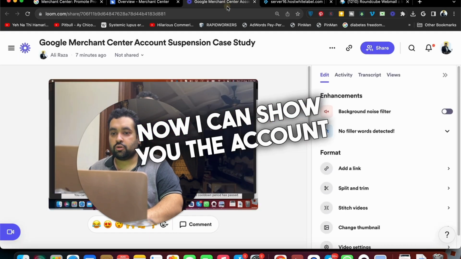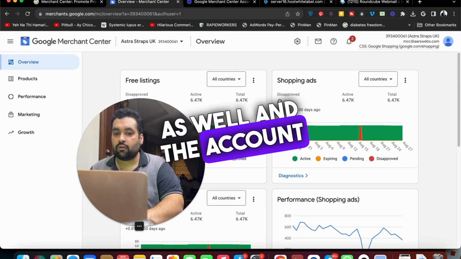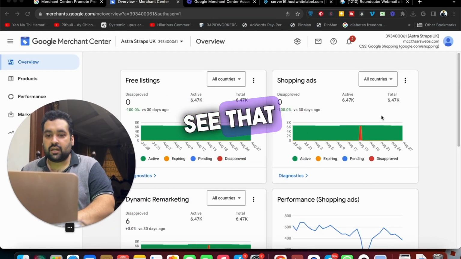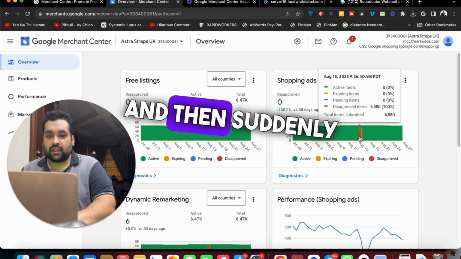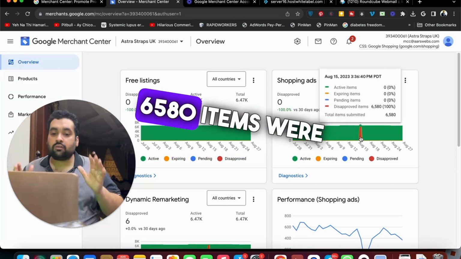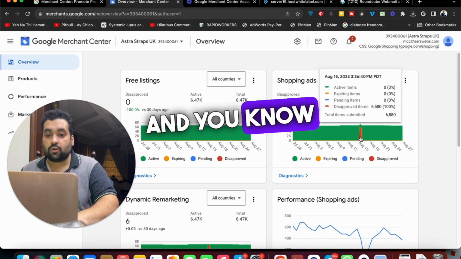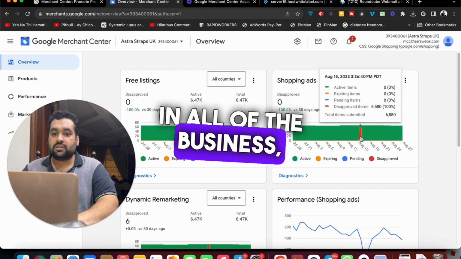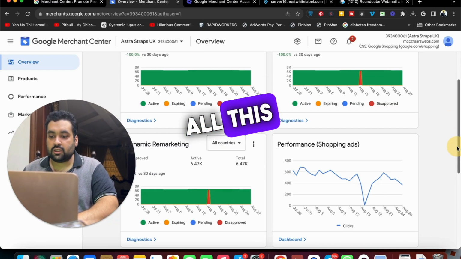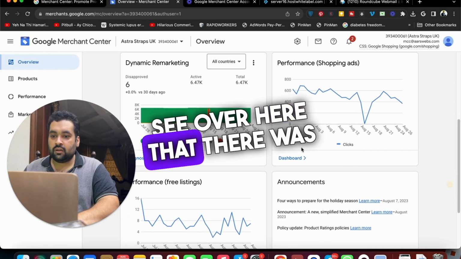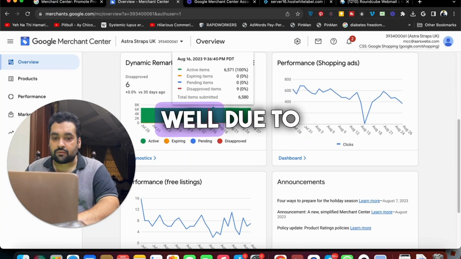And now I can show you the account as well. The account is over here, and you can see that the account was running, and then suddenly all 6,580 items were disapproved. When you are running a business, it gets suspended for all of this, and you can see over here that there was a sudden drop due to this.